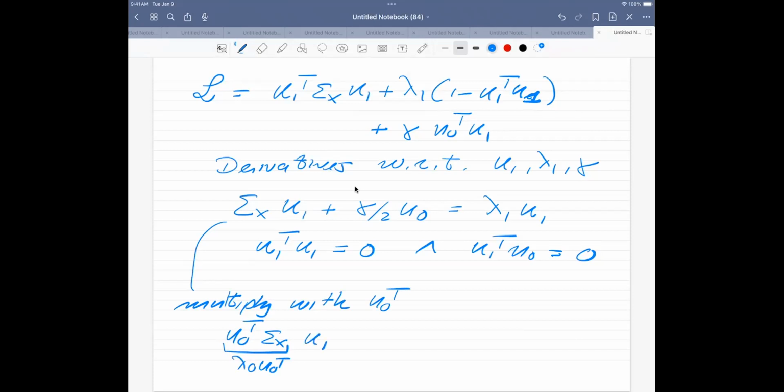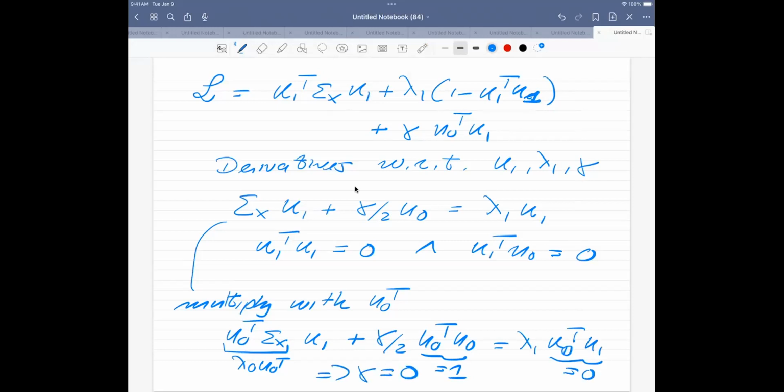From the conditions, I have shown that this is 0. So that means this quantity has to be 0, plus gamma over 2 times u0 transpose u0. This is equal to 1 as we defined, and this is equal to lambda 1 u0 transpose u1, which is equal to 0, and that simply leads to gamma having to be equal to 0.